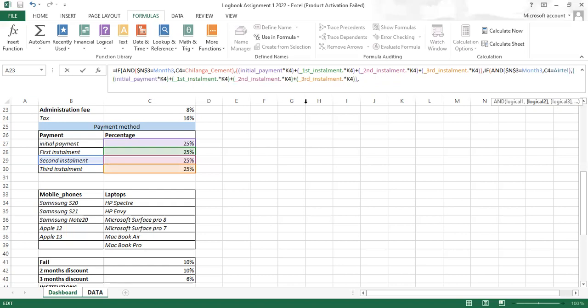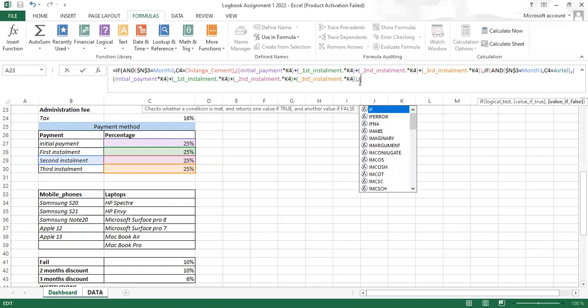Okay. Then at the end here, put a comma. Now what we want is we put another one. If these two are not the case, we put another one. If, you tab.